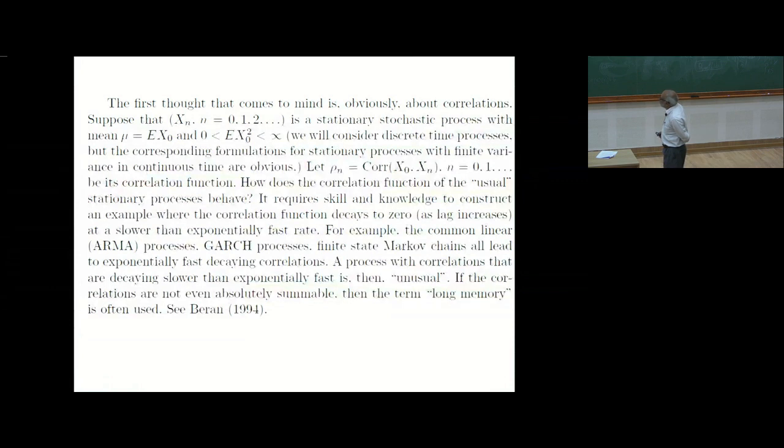It requires some skill and knowledge to tell whether it decays to zero polynomially or exponentially. The most common ones all lead to exponentially fast decay, that means Gaussian type. A process with correlations decaying slower than exponentially fast is unusual. If they are not even absolutely summable, then the term long memory is used.